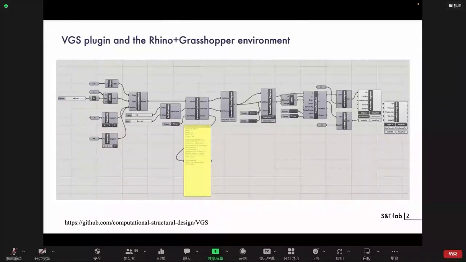If it's not isostatic, it's not a problem. You can also use VGS, but you will need to use the self-stress box that you see here in the middle. And it's a little bit more complicated because you need to test the self-stresses possible to achieve the equilibrium of the structure.